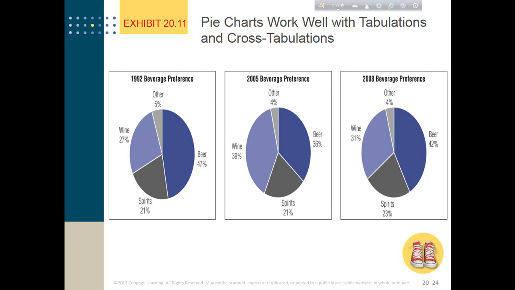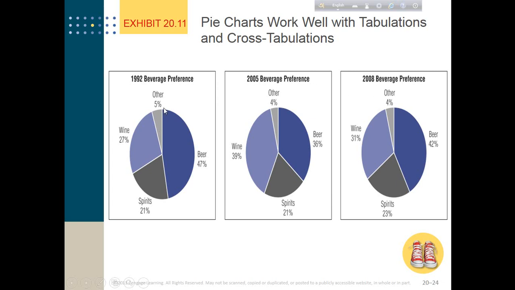Pie chart. This is a way of presenting data which might sometimes be more useful for readers than presenting the data in a tabular format. Look at these 3 pie charts. They show beverage preferences in 1992, 2005, and 2008.